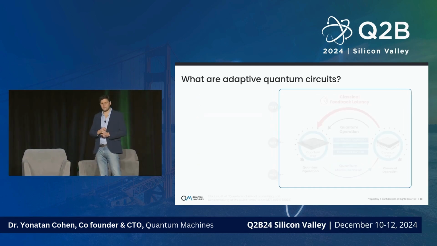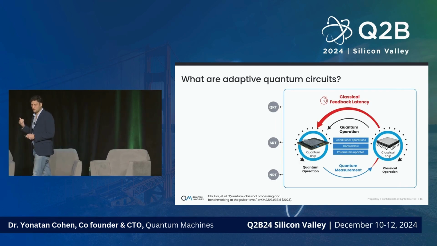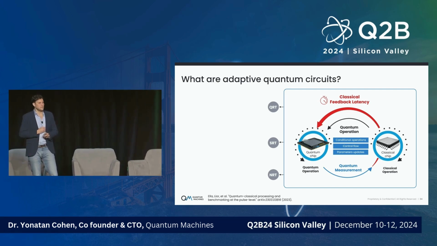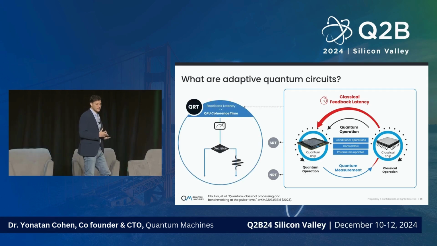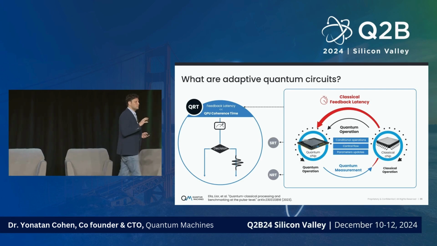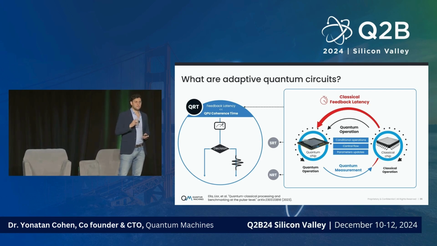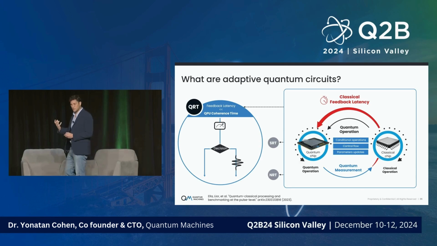We identified three different categories of requirements from adaptive quantum circuits based on the classical feedback latency that's needed: QRT, SRT, and NRT. QRT stands for quantum real time. This means that we need to adapt the quantum operations with feedback latency that is much lower than the quantum coherence times.